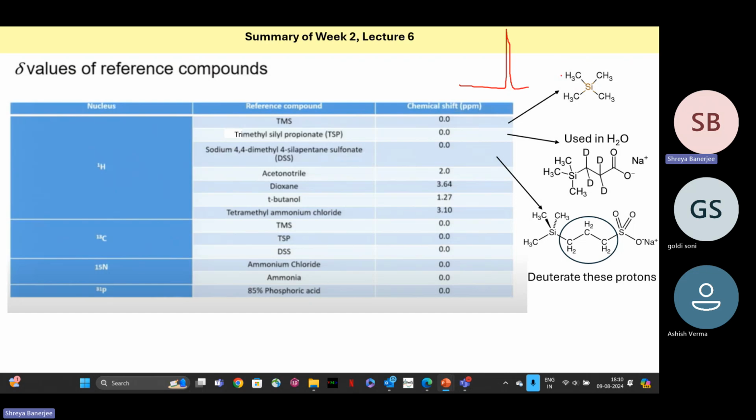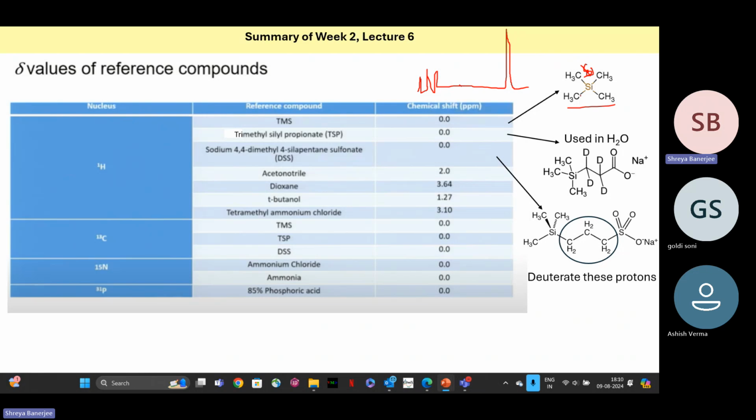So you can easily distinguish the peak of TMS from any other peaks, as the sample peaks will appear at lower intensities and much farther away. So you will not confuse the reference and the sample peaks. The other advantage of using TMS is that these 4 methyl groups will donate electrons.